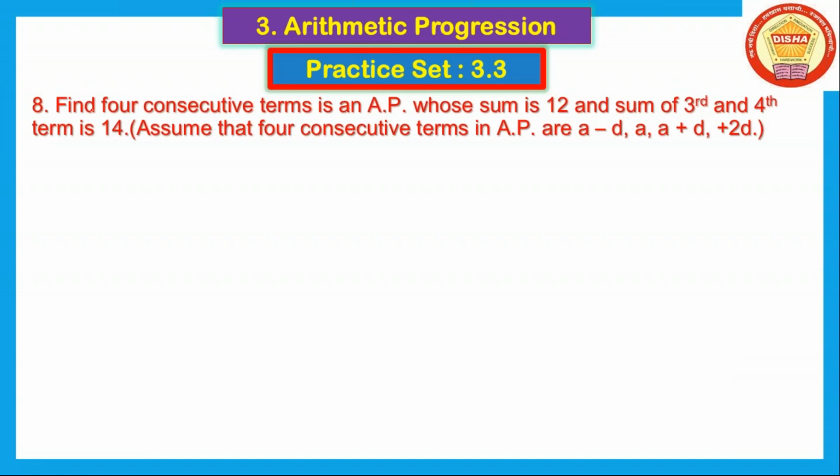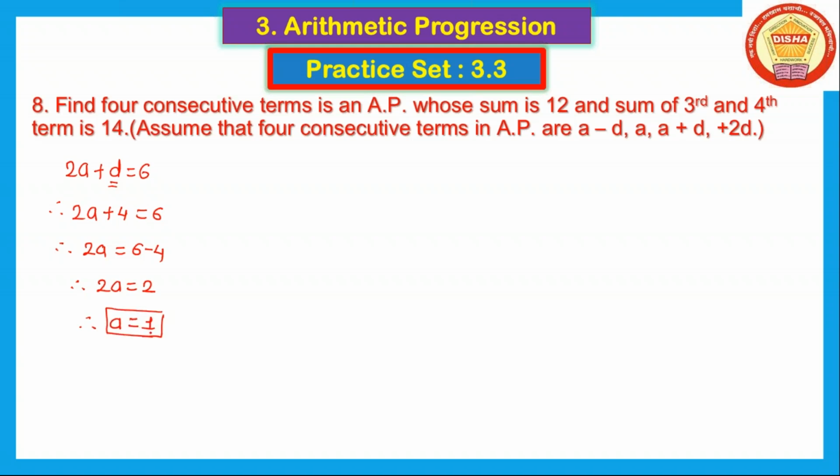Here we put the value of d as 4. So we write 2a plus 4 is equal to 6, which means 2a is equal to 6 minus 4, so 2a is equal to 2. Means the value of a is equal to 1.